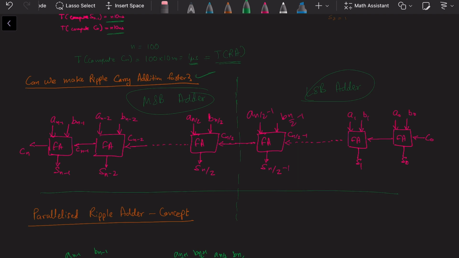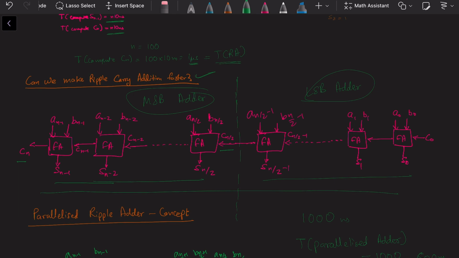If they compute the sum values and the carry value in parallel, then since my total delay of this ripple adder was 1000 nanoseconds, the time for the parallelized adder will become 1000 divided by 2, which is 500 nanoseconds, because both will now be working in parallel.